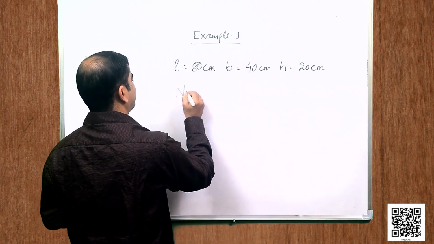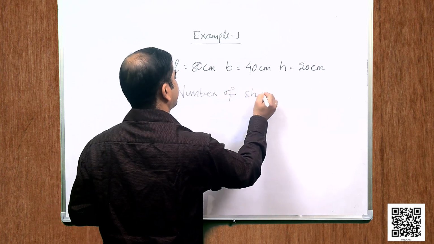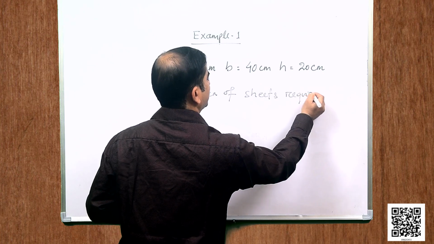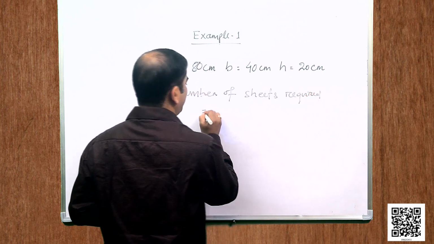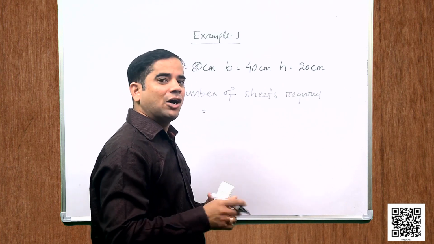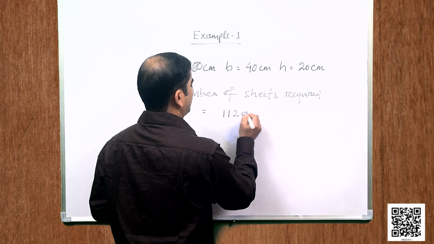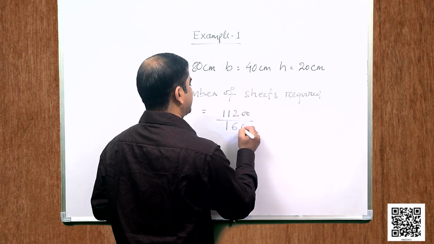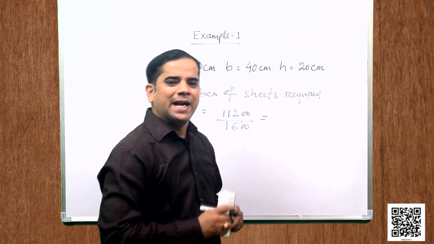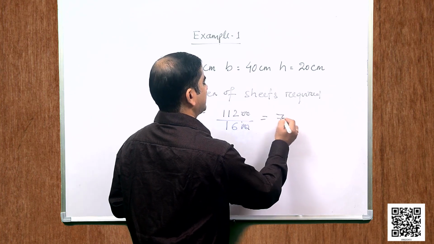So, number of sheets required will be total surface area divided by surface area of each sheet of paper, that is 11200 divided by 1600. 11200 centimeter square divided by 1600 centimeter square, that is 7.